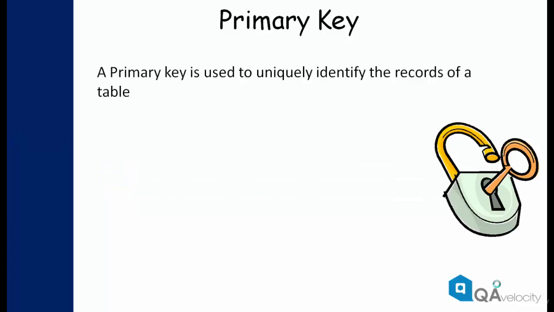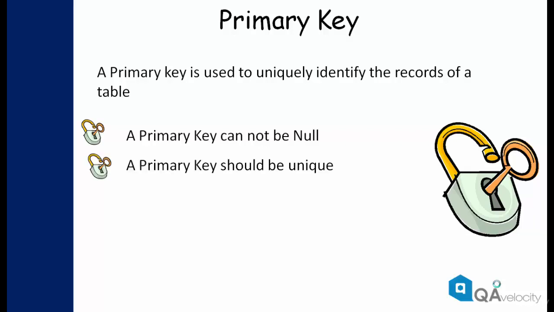But before we move further, let's make our concept clear about what exactly this primary key is. A primary key is used to uniquely identify the records in a table. To make a column a primary key, we need to follow a set of rules. Our first rule says a primary key cannot be null. If you set a primary key null, it cannot be unique, as other records can also be null.